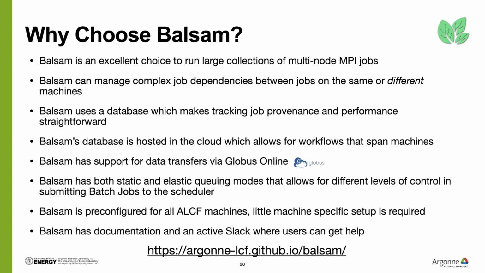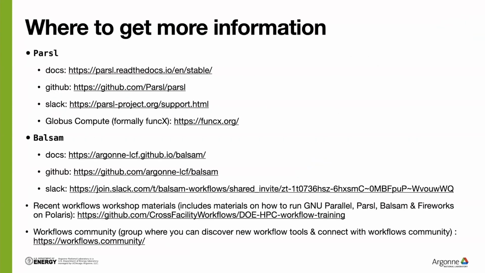So you can get more information about Balsam on the Balsam documentation page. There's also a Balsam Slack that you can join if you would like to get help there as well. So, where to get more information? Parcel has extensive documentation. You can also access their GitHub if you want to look into their code. They also have a Slack that is very active.